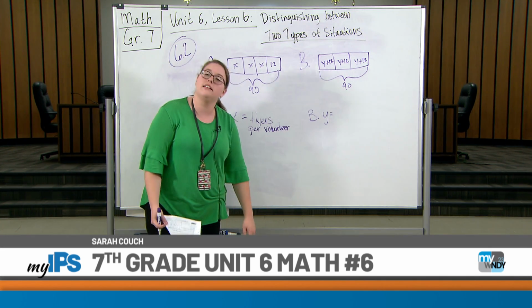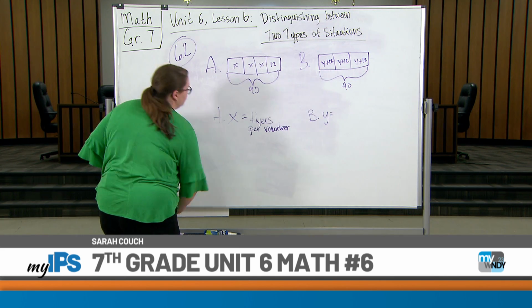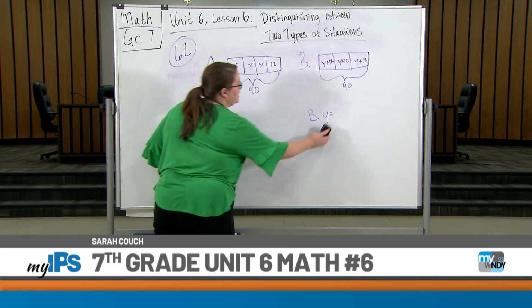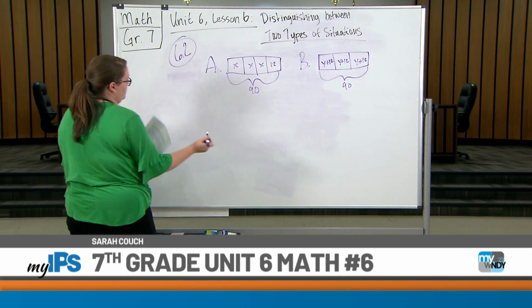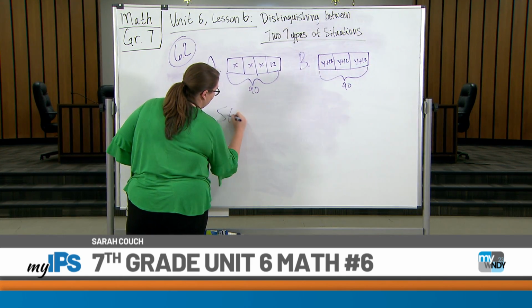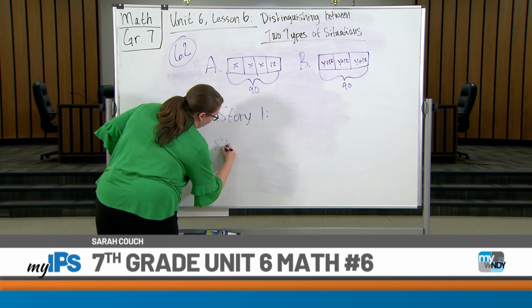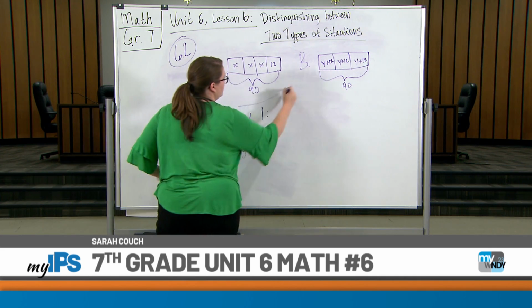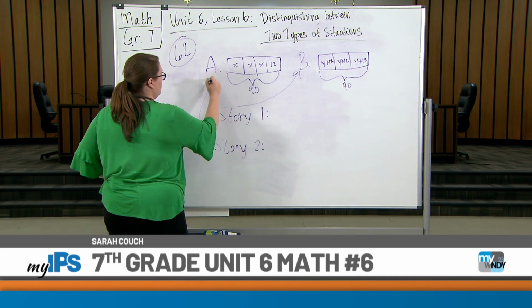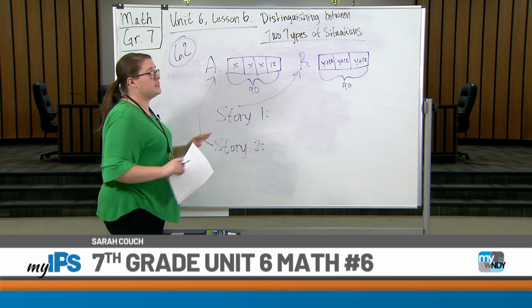I did it again. I'm wrong again. Because I keep thinking in the stories. So let's do it like this. Story 1 and story 2. So story 2 is represented by B, and story 1 is represented by A. So hopefully that'll help keep my brain organized.